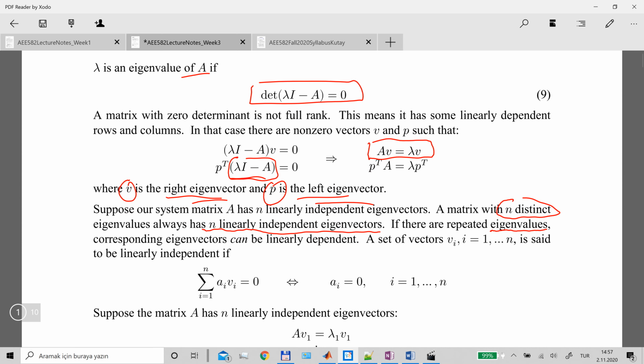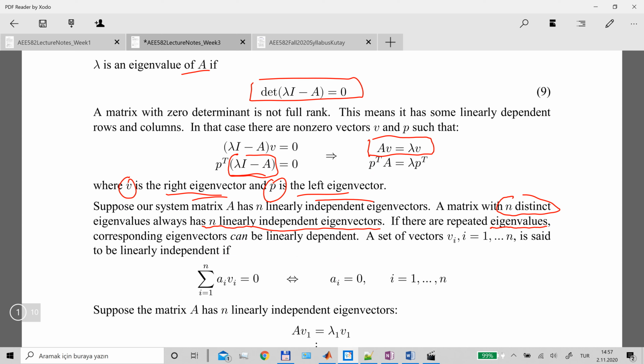And let's make a proper definition of this linear dependence. Well, a set of vectors Vi, i equal to 1 through m, is said to be linearly independent if this combination equal to 0 implies that all the coefficients are equal to 0. And this is true both ways.